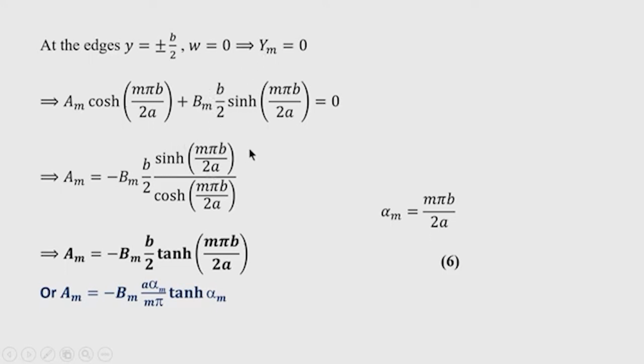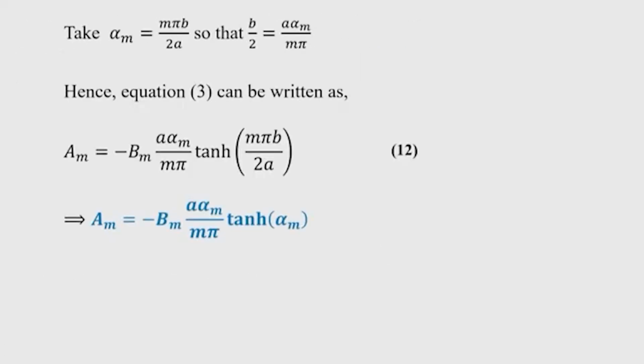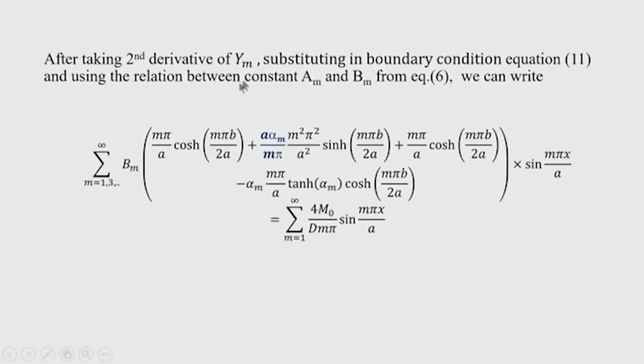Okay. Then the equation for determining the single constant b m can be found after applying the moment condition at the edges. Applying the moment condition at the edges, we have got this complete series, summation of b m, and inside the bracket you will get the terms coming from the second derivative of y m.